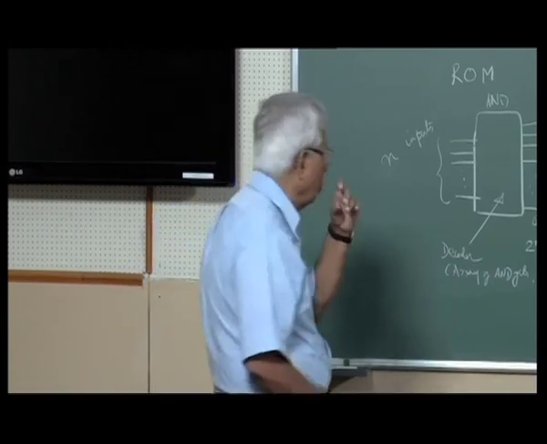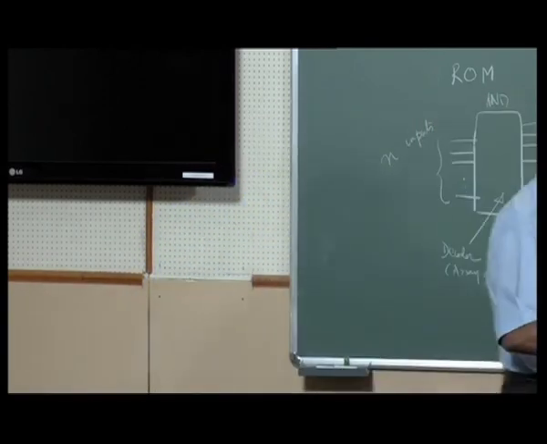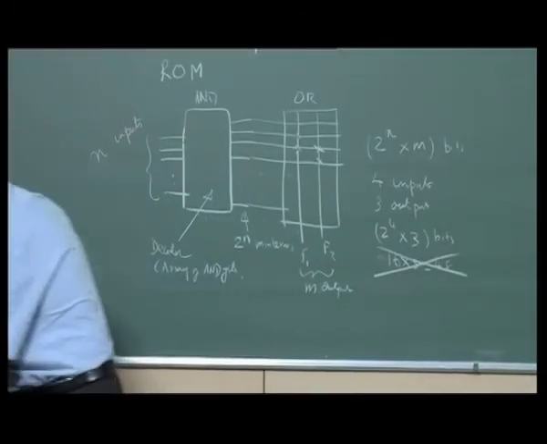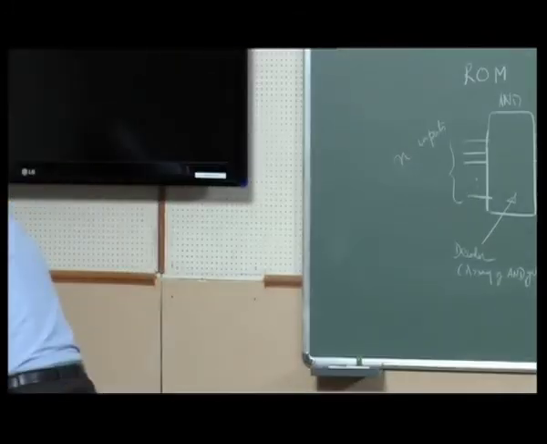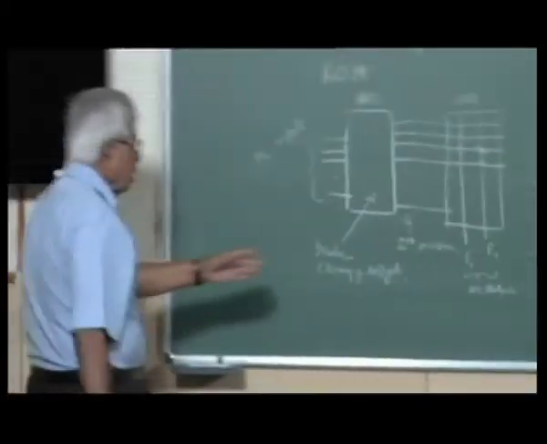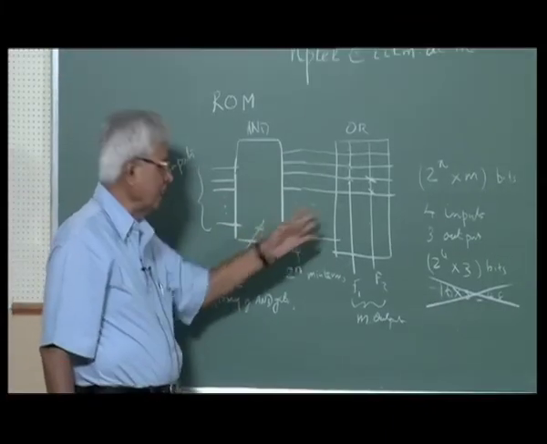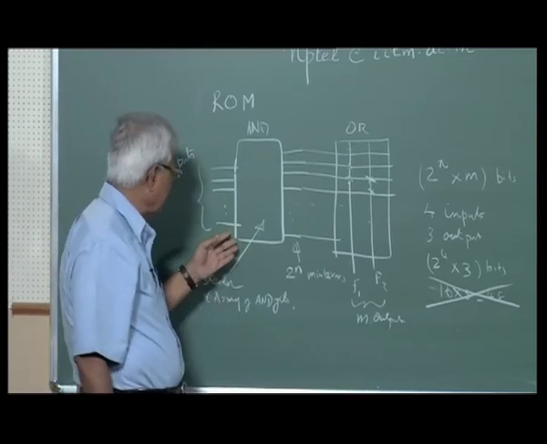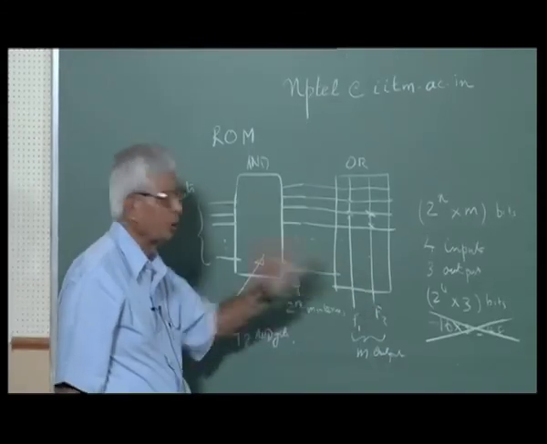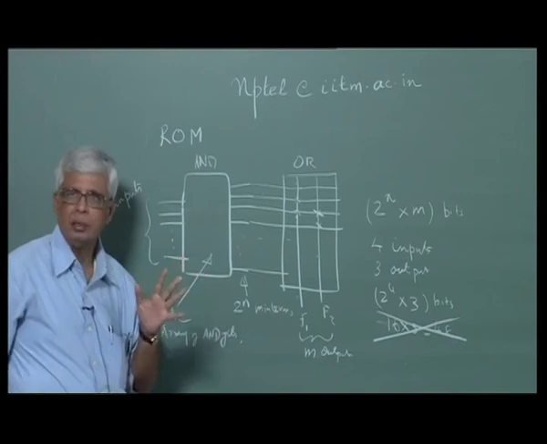Now, the next disadvantage of ROM is all the minterms have to be generated, and only some of them will be used. This is a simple example, 4 inputs, 3 outputs, not a big deal.